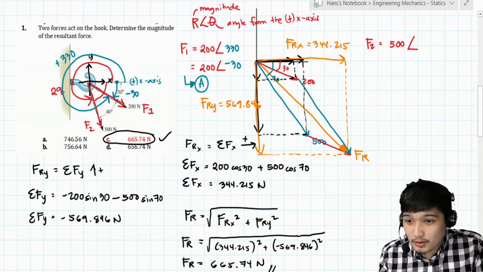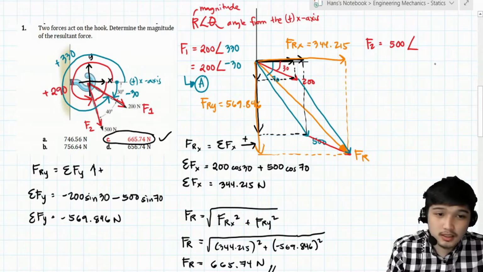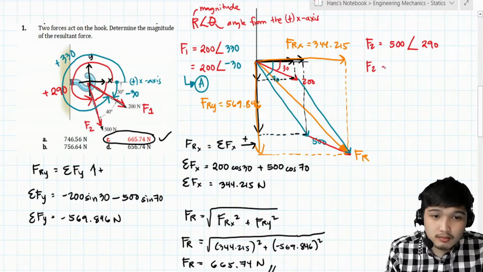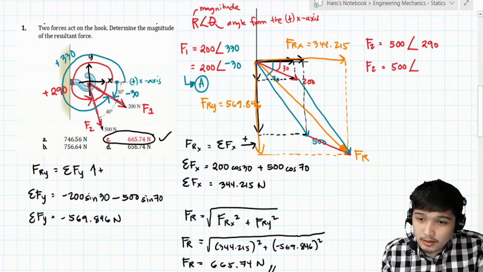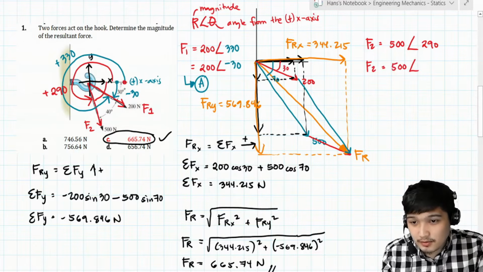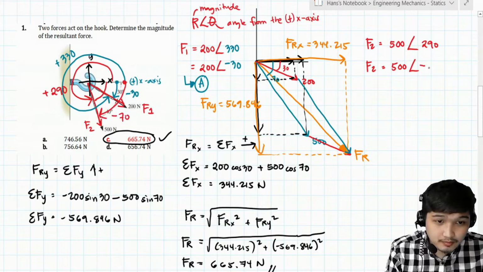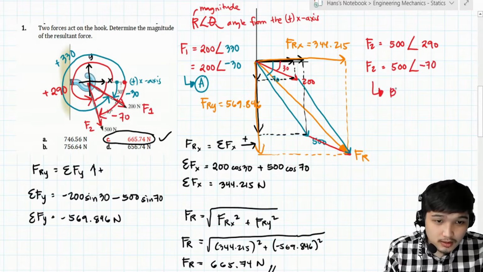Tama ba? 290. Positive 290. So, 500 angle 290. Or, kung ayaw mo nang nahihirapan, pwede mo siyang isulat ng 500 angle from the positive x-axis, clockwise direction, negative angle, negative 70. And then, this one is stored sa B.